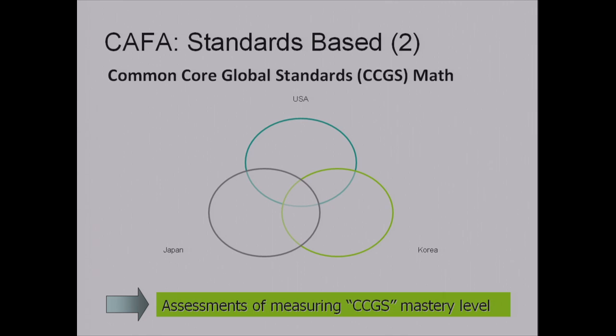Very unique and very operationalizable mathematical skill set. We call it the Common Core Global Standard, because these standards take care of most of the K-12 systems in the world.